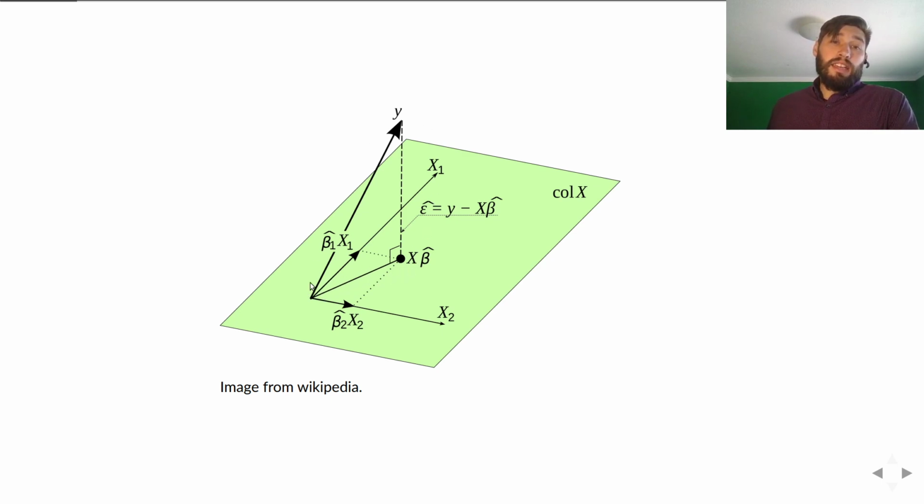If we can visualize this, we have our column space of X, where each column is an n vector, just like y is an n vector. So this is n-dimensional space, where n is the number of samples.